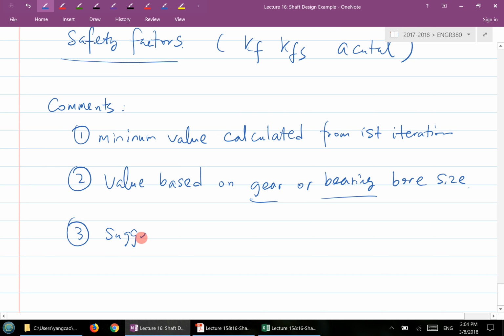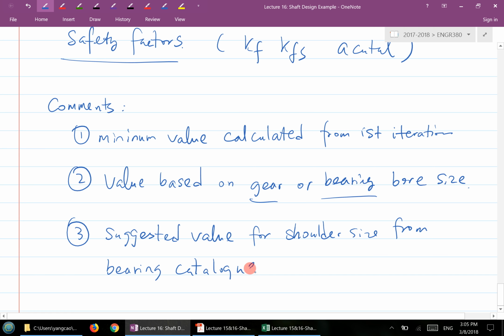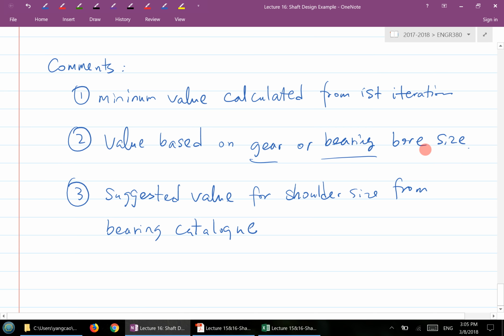And there is also the suggested value for shoulder size from the bearing catalog. That's a location you want to really carefully examine. What is the suggested value from the bearing catalog?